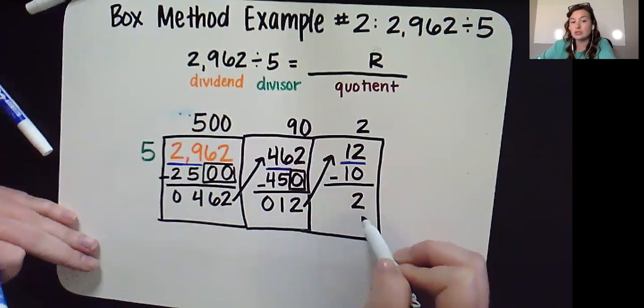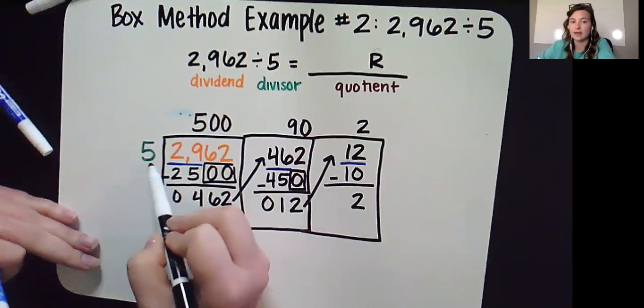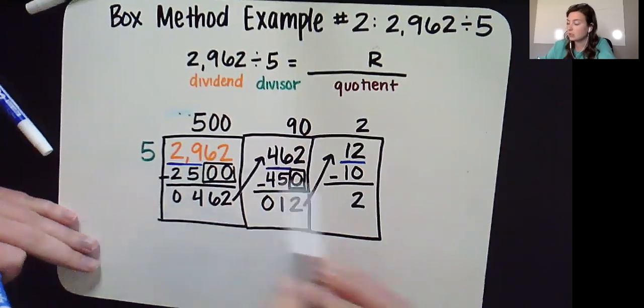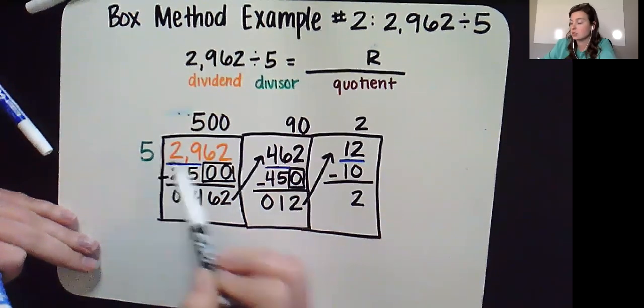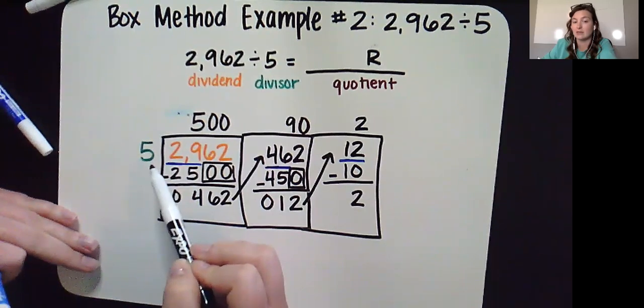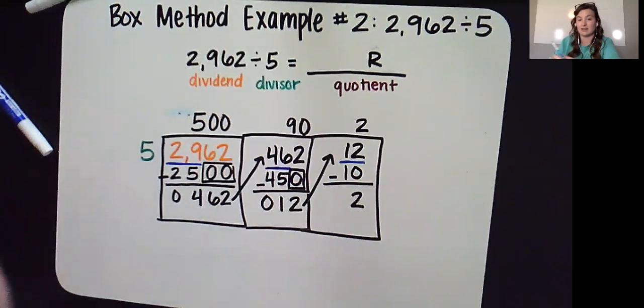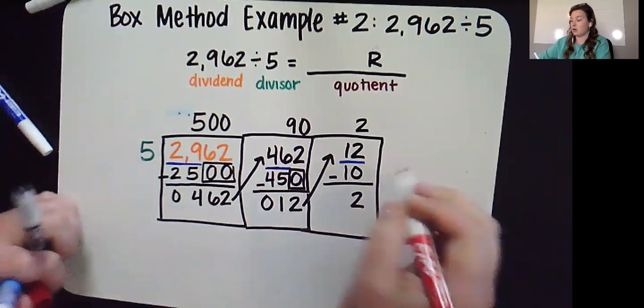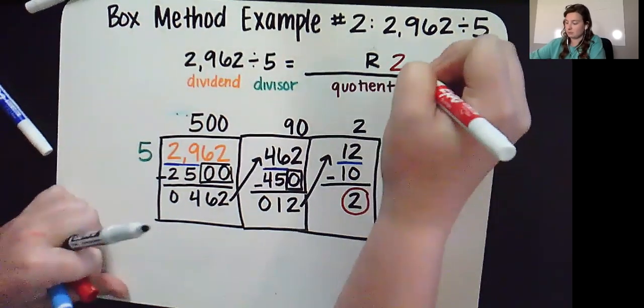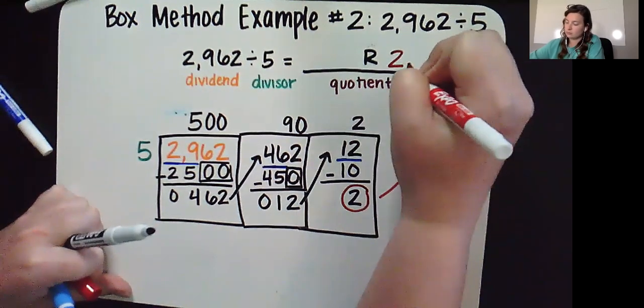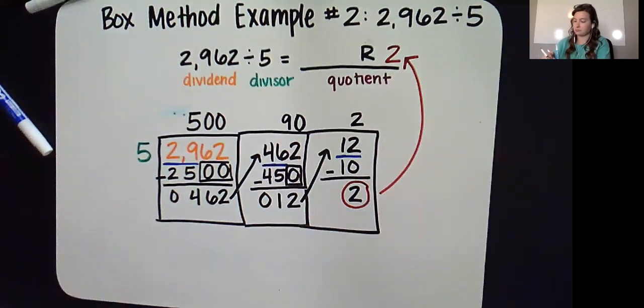If I have 2 dots, can I make any more groups of 5? Nope. Is this number less than our divisor? Yes. 2 is less than 5. So I'm done. This is my remainder. So I'm going to go ahead and take this guy and move him up top here. That way you can see where he came from.